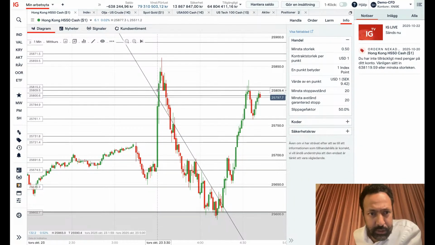So you don't want to take a short if we see a push. We could of course see a reaction that also gets a bit tiny. So I don't want to get stopped out. That's why I'm taking risk.